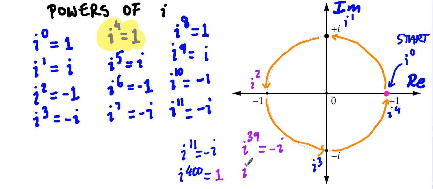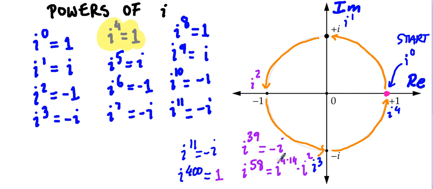If somebody's asking what's i to the power of 58, for example, first let me see if I can divide 58 by 4. 4 times 13 is 52, 4 times 14 is 56. So that would be the same as i to the fourth times 14, which would be 56, and then also times i to the second.